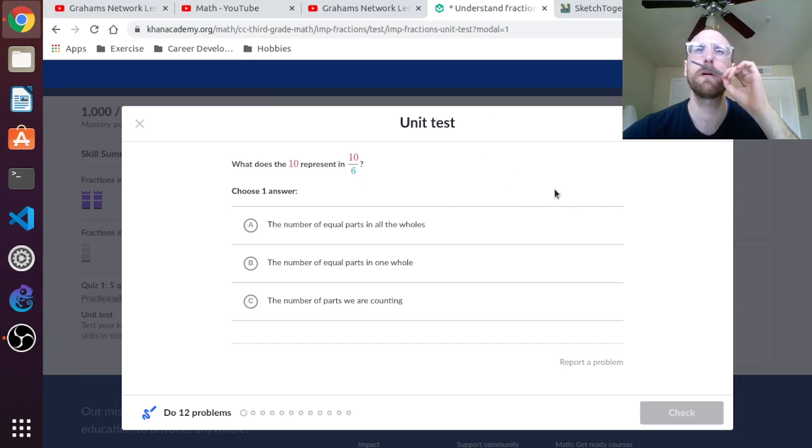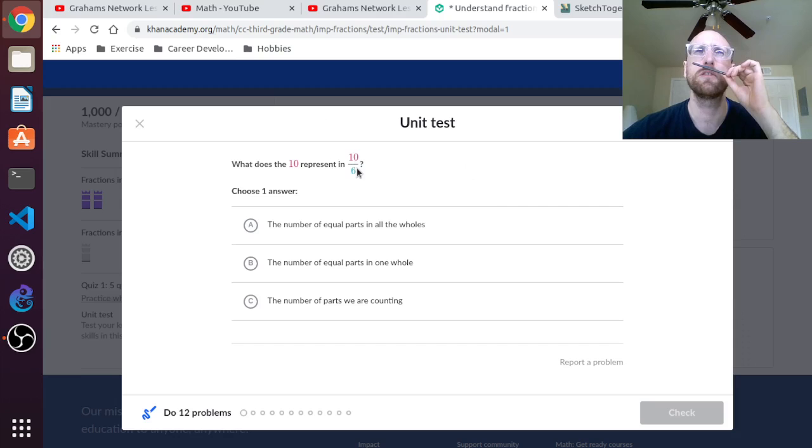The 2 would represent the way it's been divided. It's been divided into 2 pieces, and then the 1 represents the number of those pieces that we're counting. So we would get half the pie if we had the fraction 1 over 2.